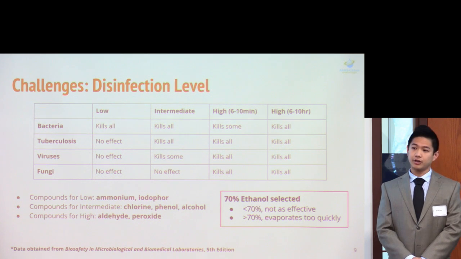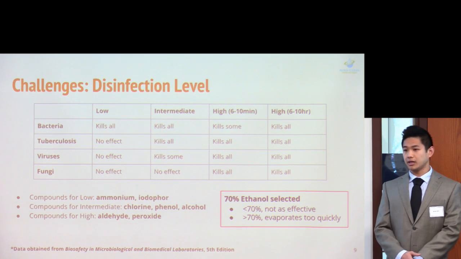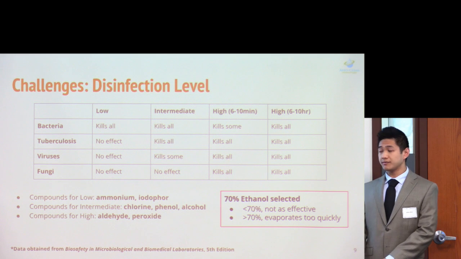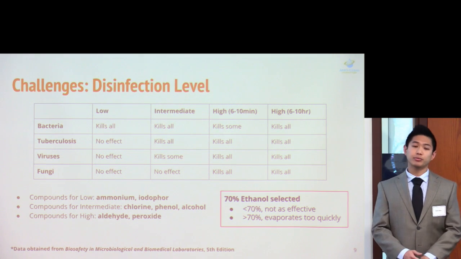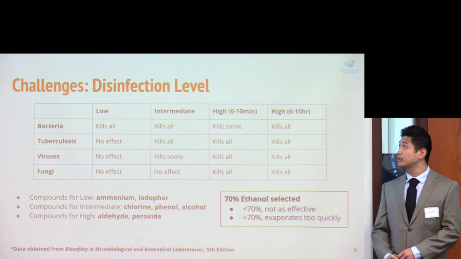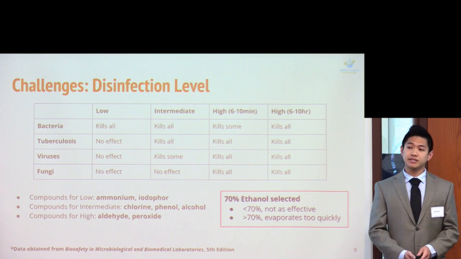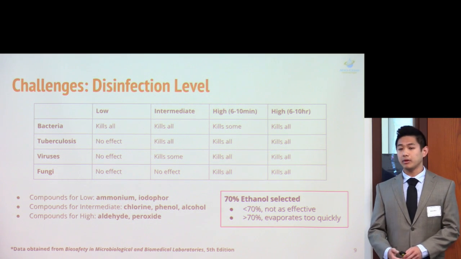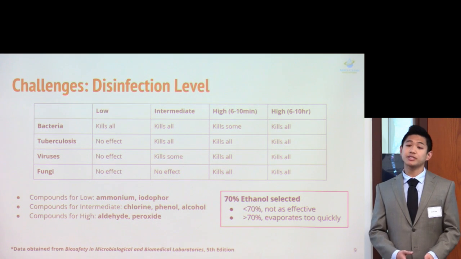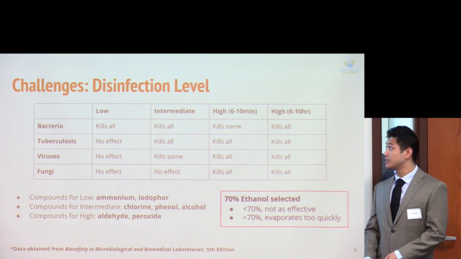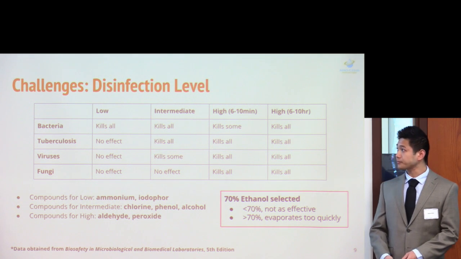So another factor that needs to be addressed, Stephen mentioned briefly, was levels of disinfection. Different levels of disinfection are appropriate for different scenarios. Just to note, high levels of disinfection require a longer period of contact time and are more appropriate for the surgical setting where, as Stephen stated, sterilization is required.